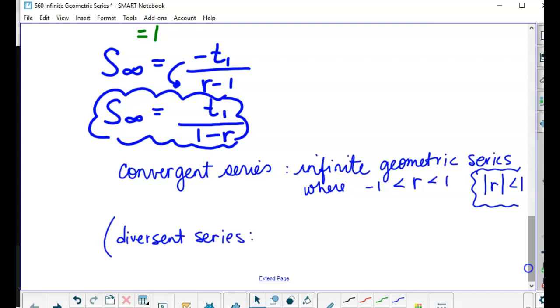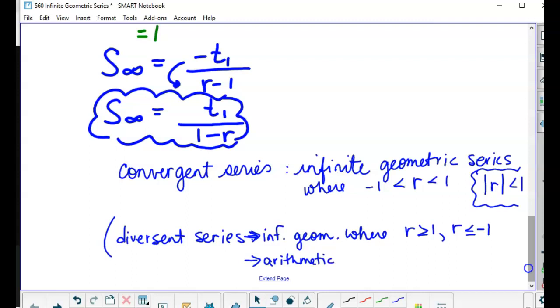For this course, that would be an infinite geometric series where r is greater than or equal to 1, or r is less than or equal to negative 1, or an infinite arithmetic series, sorry.